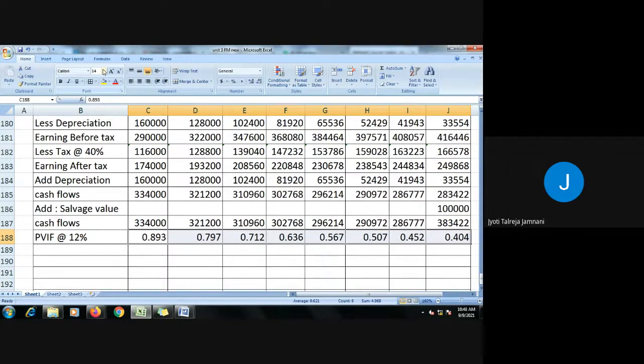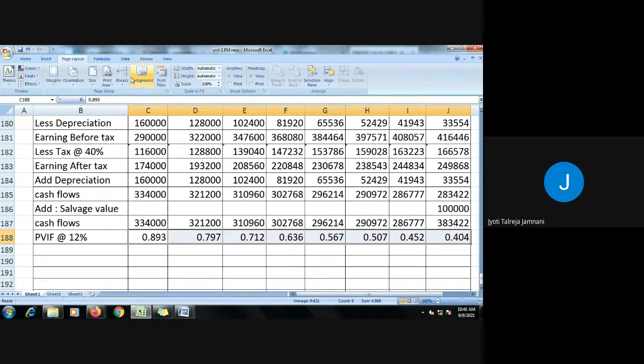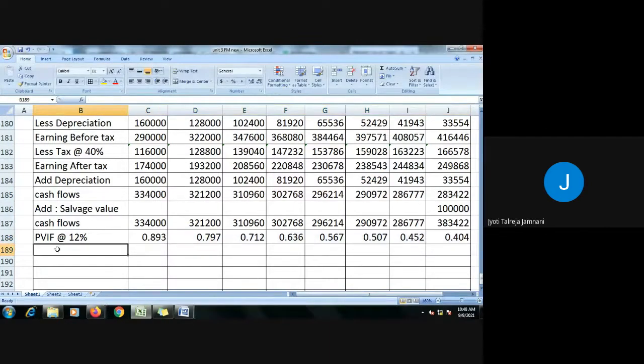Now we'll find the present value of cash flows, which is nothing but cash flows into present value interest factor. So we will get the present value of cash flows. Okay, the same we calculate for all the years.